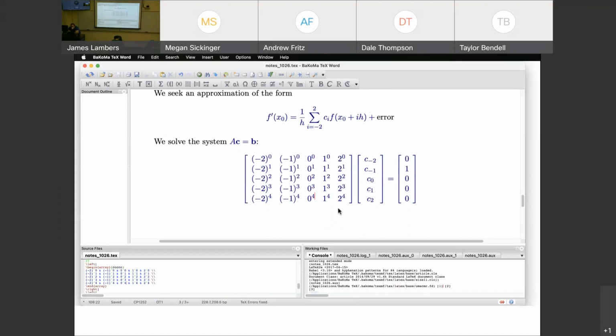For the third column, we have a 1 in the first position, and then zeros after that. The first row will be all 1s, and you work on these powers from there.